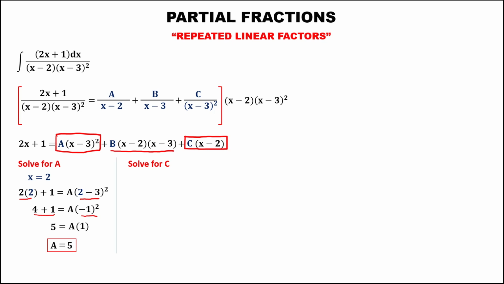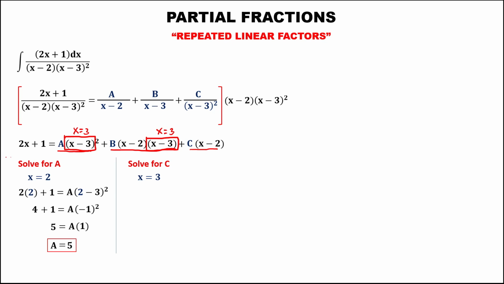So we need to solve first for C. To solve for C, observe A and B. There is a common x minus 3. Therefore, to make this equal to 0, we let x equals positive 3. So 3 minus 3 is 0, and this one, 3 minus 3, is 0. So to solve for C, we let x equals positive 3.